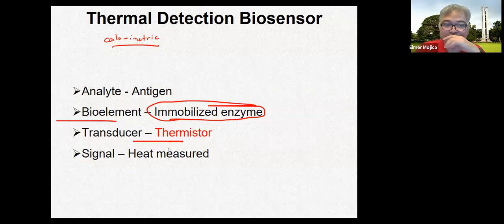What is a thermistor? Doon sa mahilig sa electronics. Thermistor, they said, is what? A combination of thermal resistor.